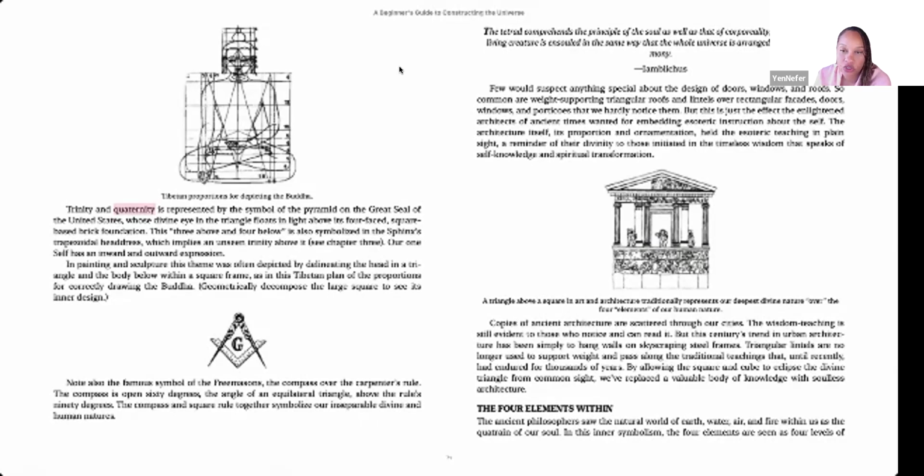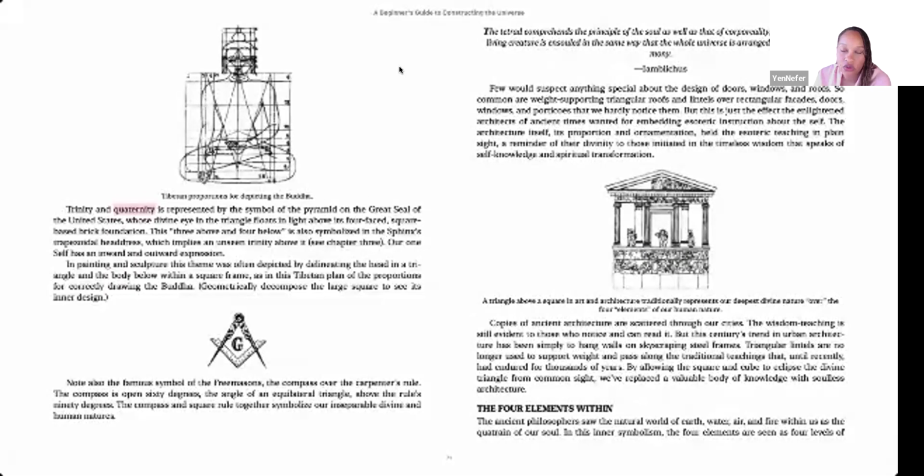A triangle above a square in art and architecture traditionally represents our deepest divine nature over the four elements of our human nature. Copies of ancient architecture are scattered through our cities. The wisdom teaching is still evident to those who notice and can read it, but this century's trend in urban architecture has been simply to hang walls on skyscraping steel frames.